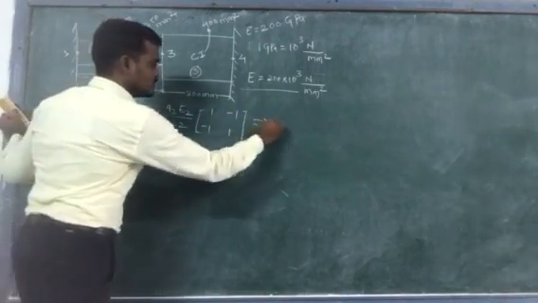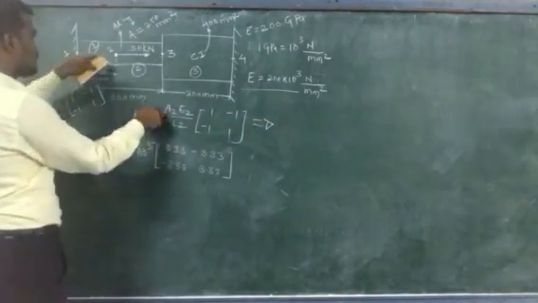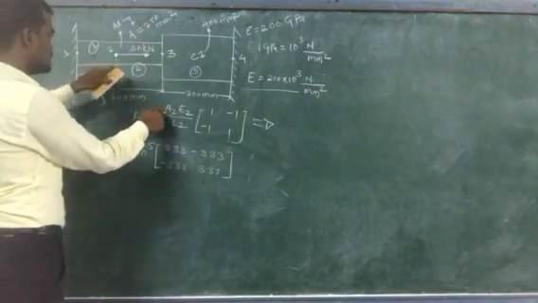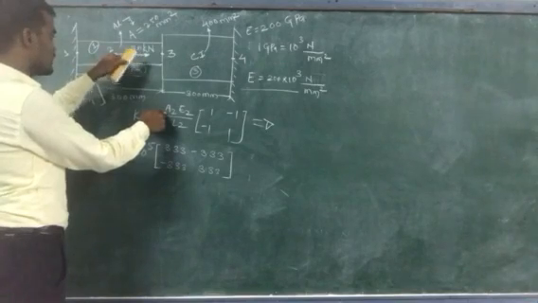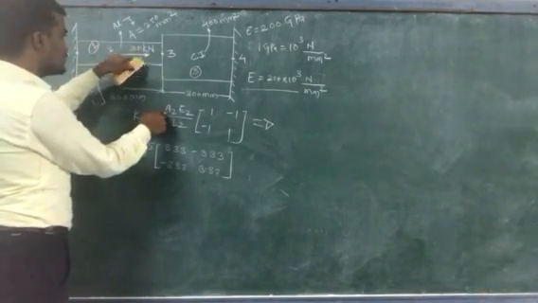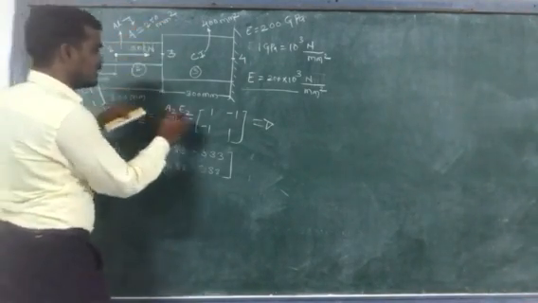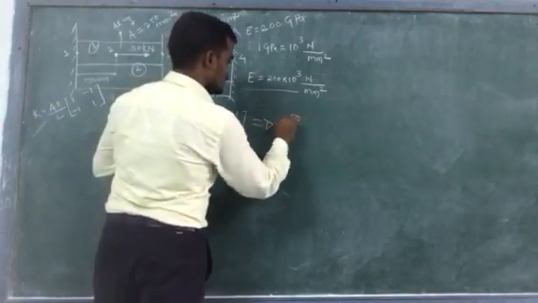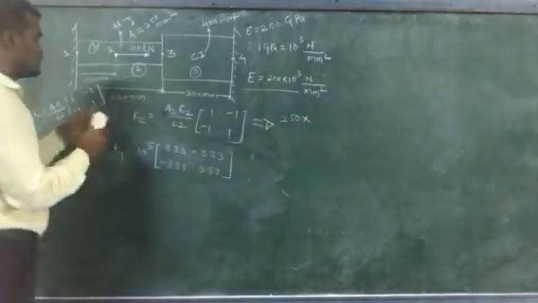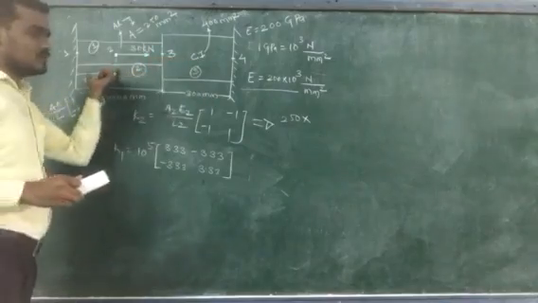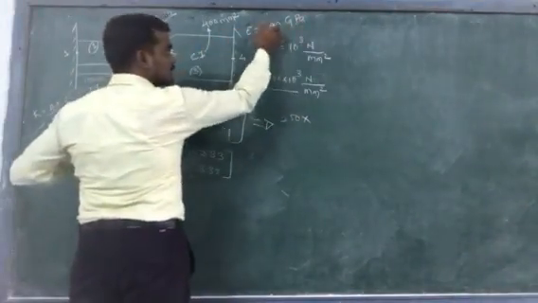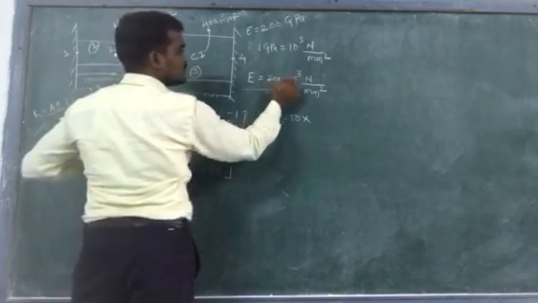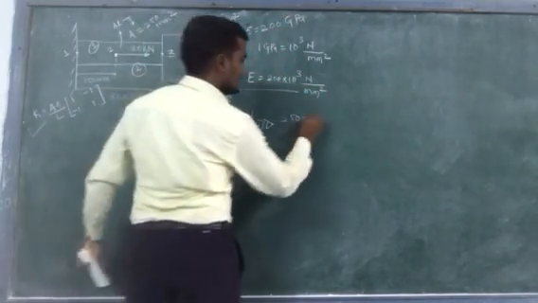A2 means the area of this element, which is part of this material. So A2 is equal to 250 mm square. E is also common for all the materials, so E is equal to 200 gigapascal, which is 200 into 10 raised to power 3 Newton per mm square.